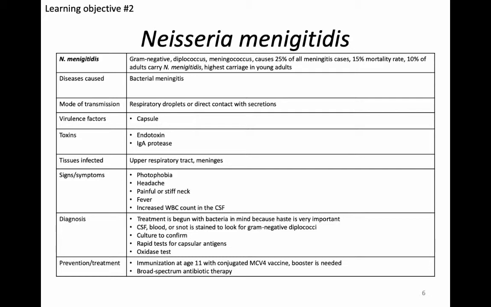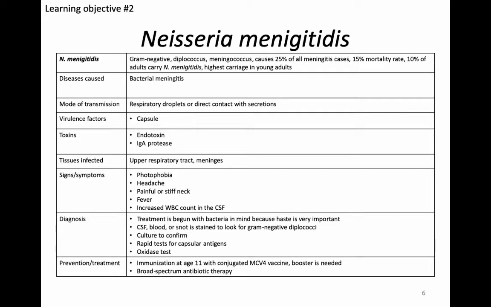It is a diplococcus, so it's rounded in shape and associates in pairs of 2 cells. It is also called meningococcus, and it causes 25% of all meningitis cases, the other 75% being caused by viruses, fungi, other microbes, or even non-microbial causes of inflammation in the meninges.